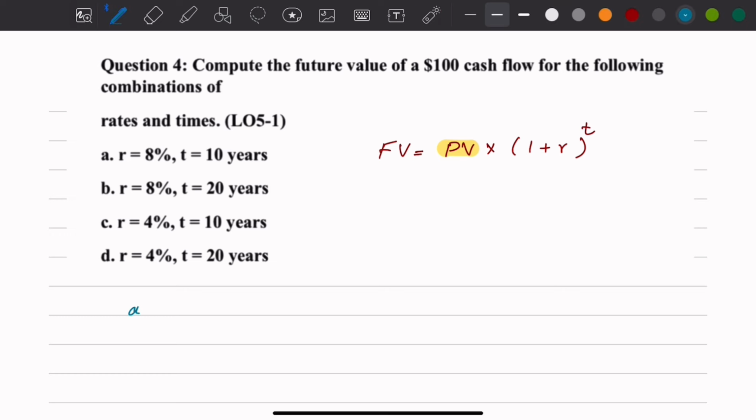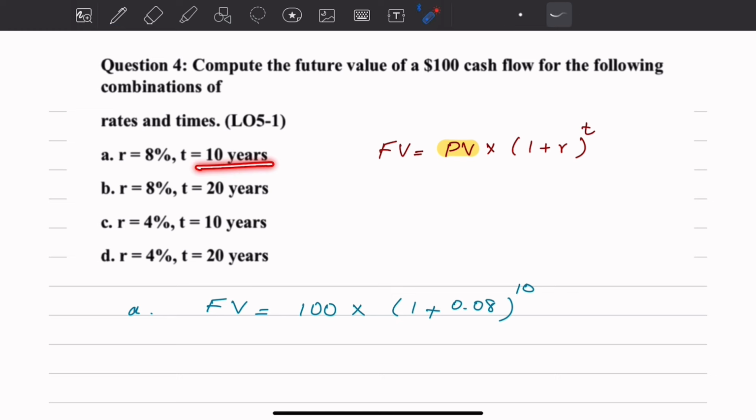A, the future value is going to equal $100 multiplied by 1 plus r in this case, which is 8%, so 0.08, to the power of 10, which is the number of years given to us in part A. Okay, all you need to do now is just run the numbers on your calculator and you should find your future value right away.